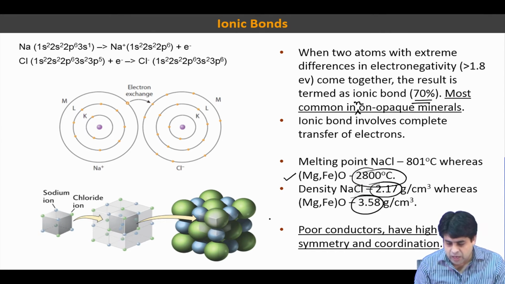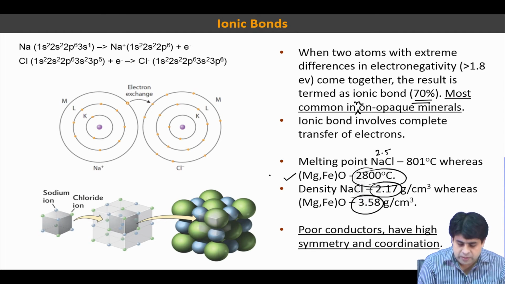NaCl is relatively soft, with a hardness of 2.5 on the Mohs scale, whereas ferropericlase is very hard, close to 7 on the Mohs scale.